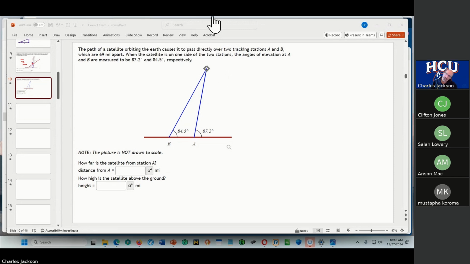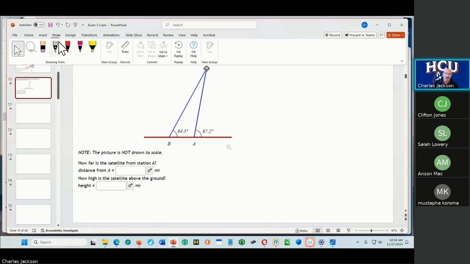When the satellite is on one side of the two stations, the angles of elevation at A and B, so we talked about angle of elevation before the break, are 87.2 degrees and 84.5 degrees respectively. How far is the satellite from station A? Okay, so we want to know this length right here.